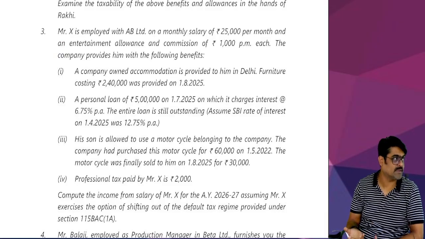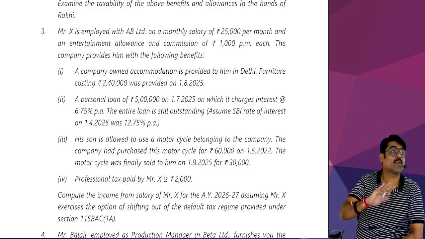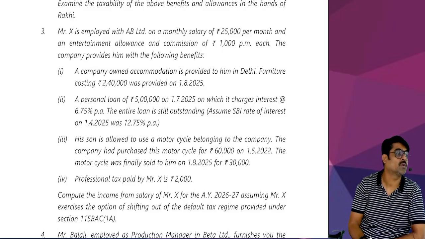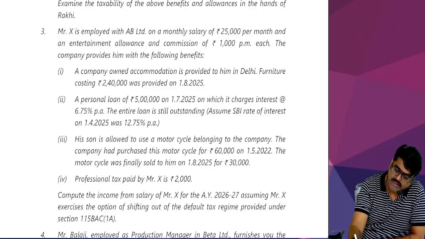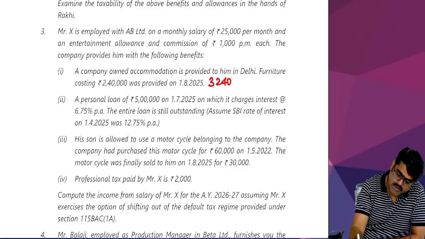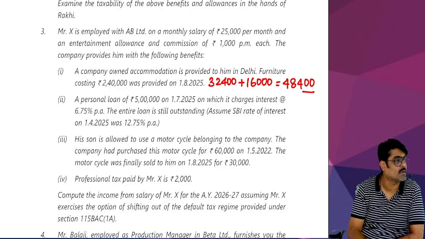If nothing is mentioned, then the accommodation is occupied for the full year, and for the full year, how much salary is becoming due? 3,24,000. 10% of that will be 32,400. So can I say 32,400 for the accommodation will be taxable? And for furniture, how much? 16,000. So how much will be the value? 48,400 will be the taxable value of this perquisite. Yes or no? Next one.